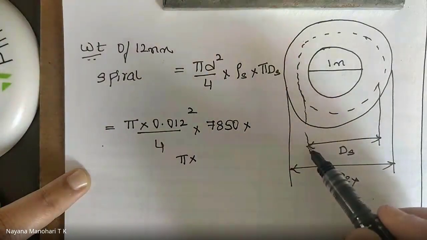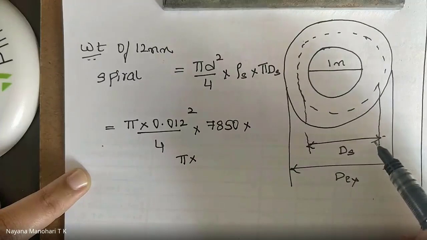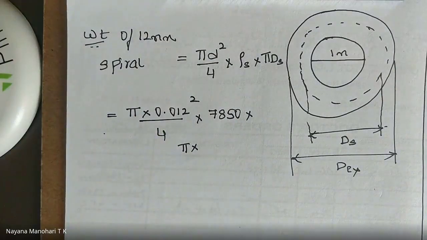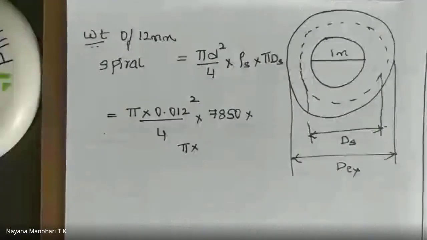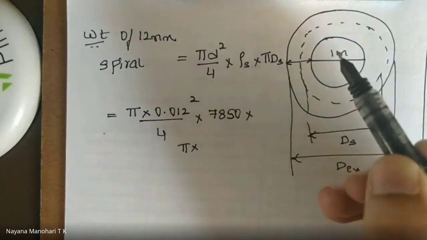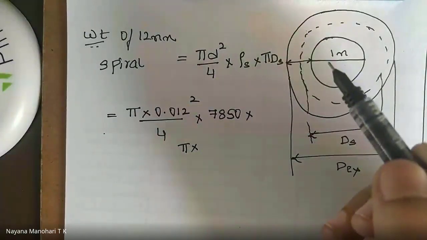How are you going to calculate the dia of this spiral reinforcement? The total barrel thickness is how much? 0.115.